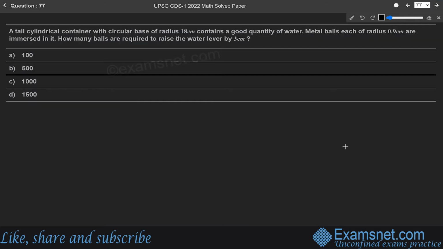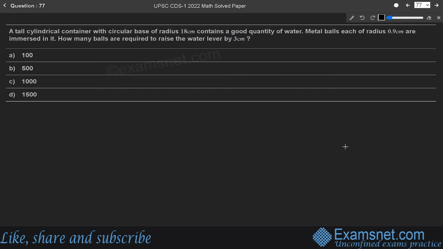Next question: a tall cylindrical container with a circular base of radius 18 cm contains a good quantity of water. Metal balls each of radius 0.9 cm are immersed in it. How many balls are required to raise the water level by 3 cm? Again the question is from surface area and volumes. So please, you should know all the formulas and learn them very carefully.